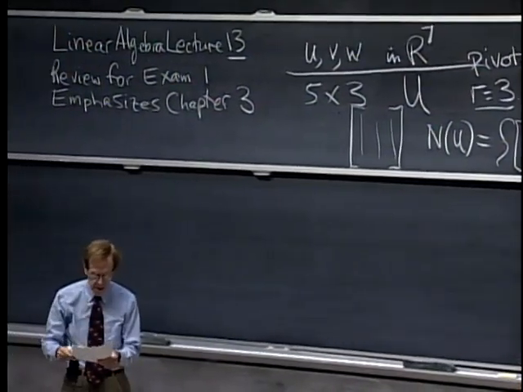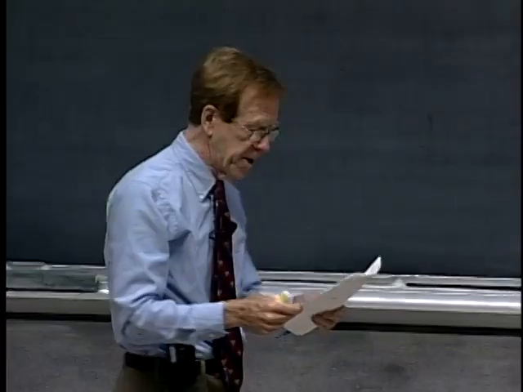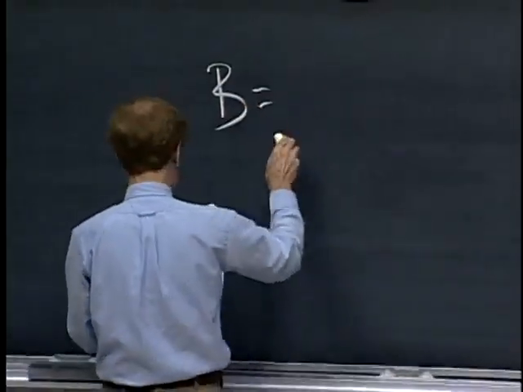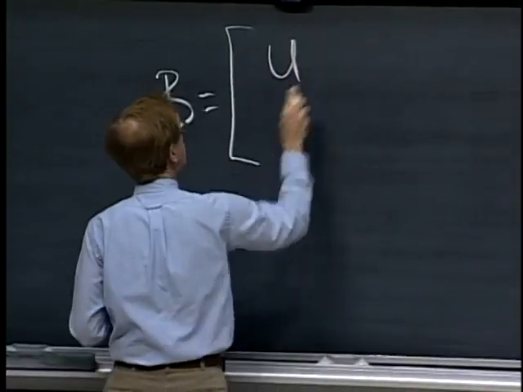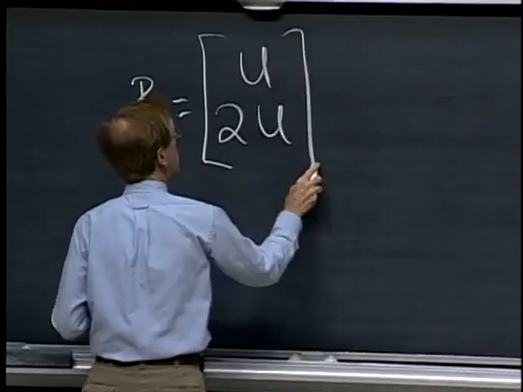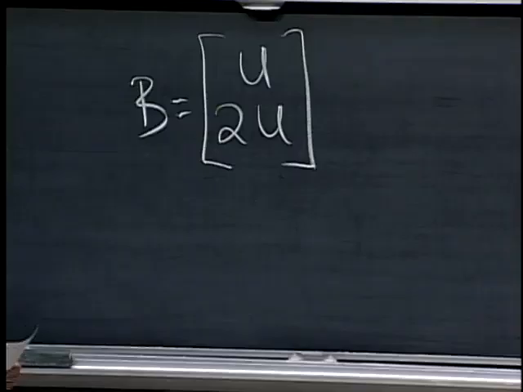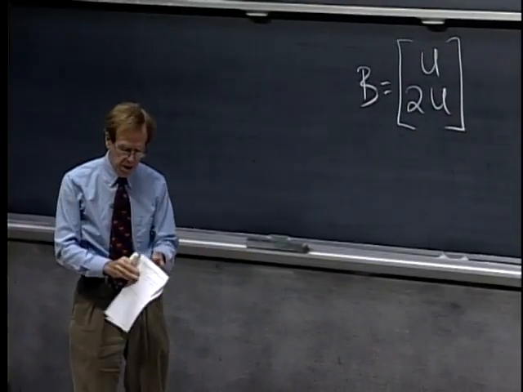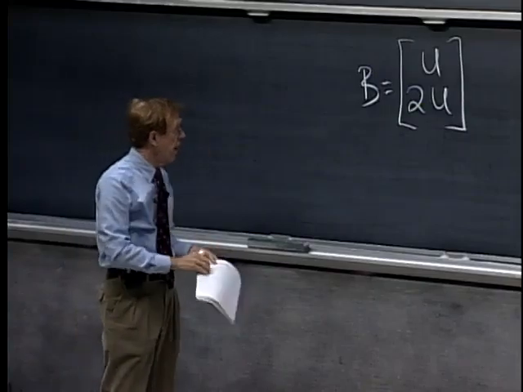All right, let me go on, this question has multiple parts. Now it asks you about a 10 by 3 matrix, B, which is the matrix U and 2U. Actually, I would probably be writing R, and maybe I should be writing R here now.